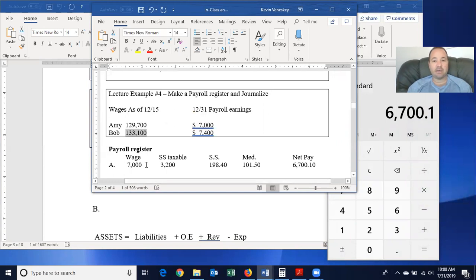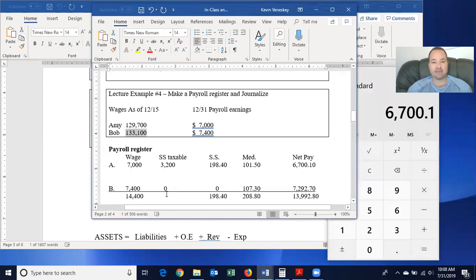He hit it his last pay. So therefore, for Social Security, nothing is taxed for Bob out of his $7,400 in wages. So the amount of Social Security tax withheld is nothing. Medicare, they take the full $7,400 at 1.45%.